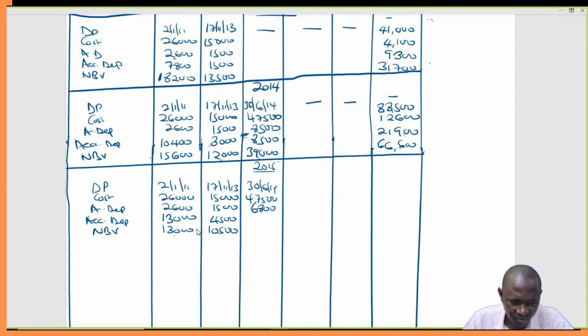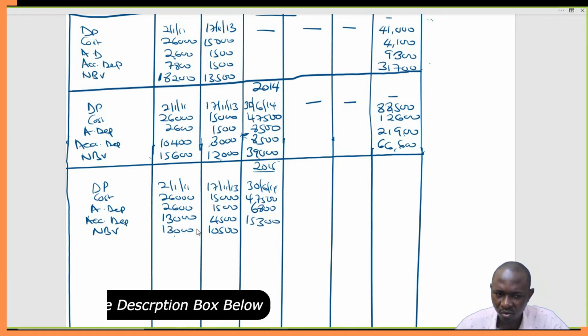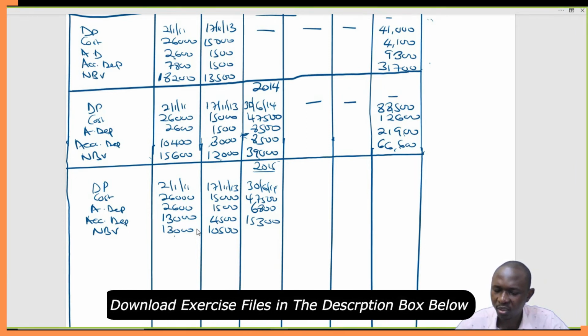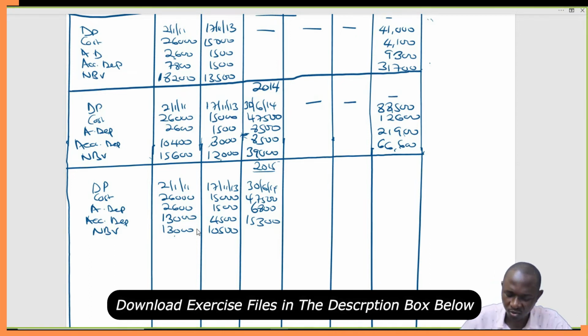It will be 8.5 plus 6.8. That gives us 15,300. And then the net book value will be 47,500 minus that, which will give us 32,200.